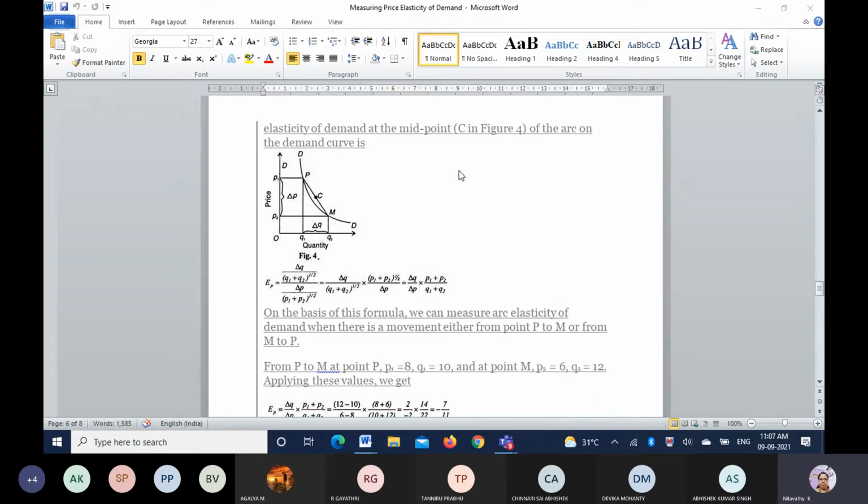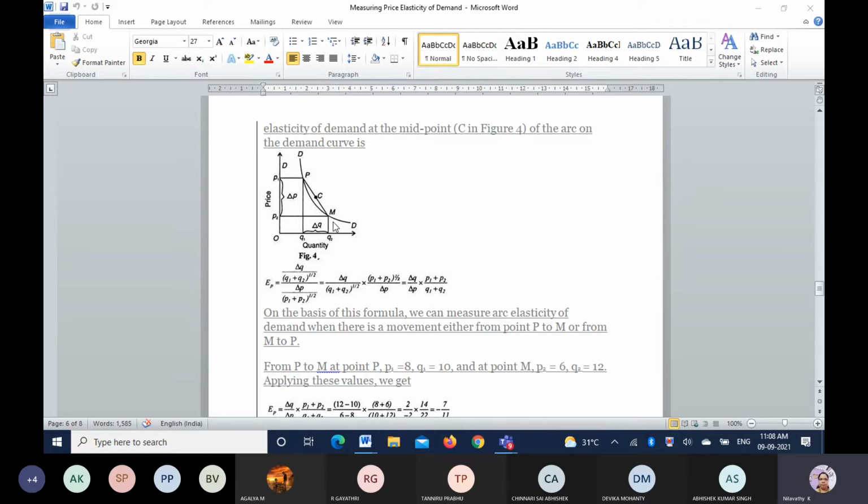So based on that, they are defining. If you take PM as the arc, from this level to this level there is a change in price and a change in quantity. For that reason, they say you should not calculate based on a particular point, but make a comparison of the starting and the ending point.